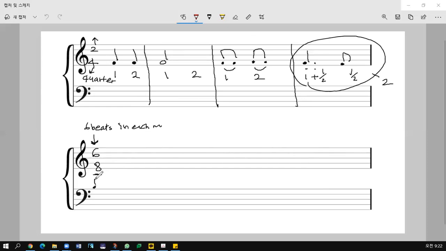So eighth notes receive 1 beat, okay? So in a song like 6/8, you have to think about the eighth note as 1 beat, not the quarter note, okay? So in this song, your quarter gets 2 beats because eighth note is 1, right?